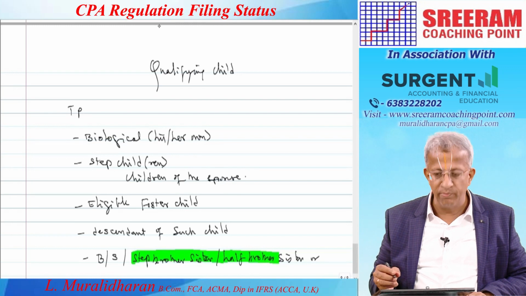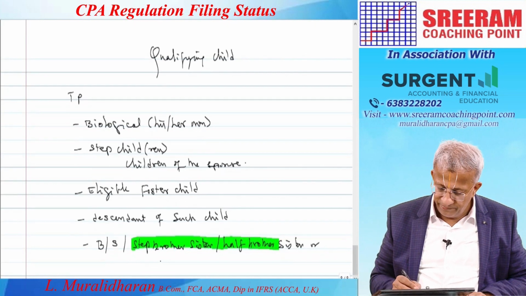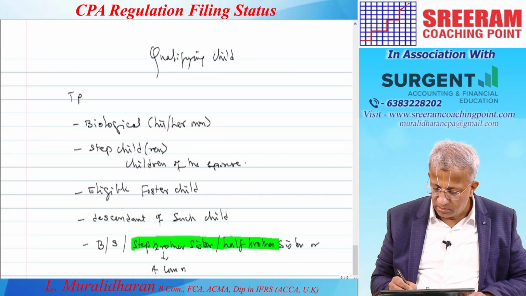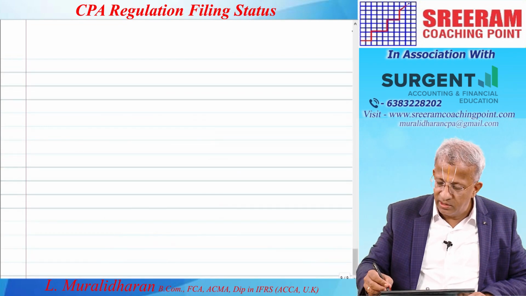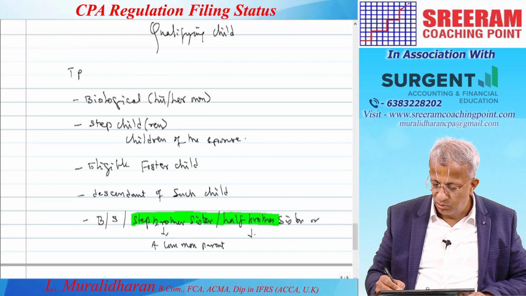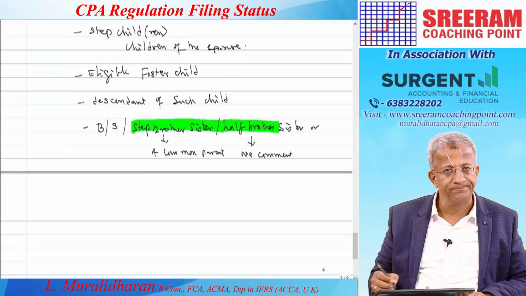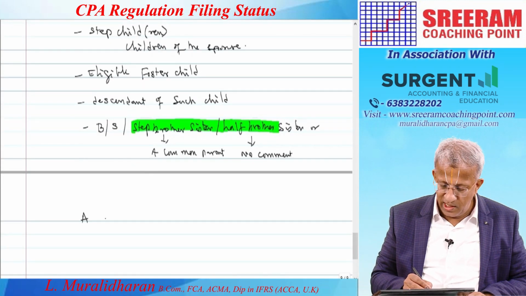In the case of stepbrother, we will have a common parent. In the case of half brother, no common parent. So, let me explain. A is a person, husband, plus B, wife.